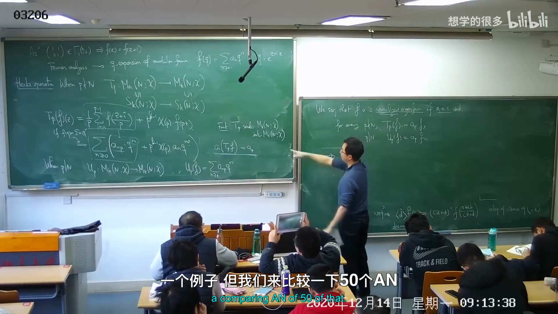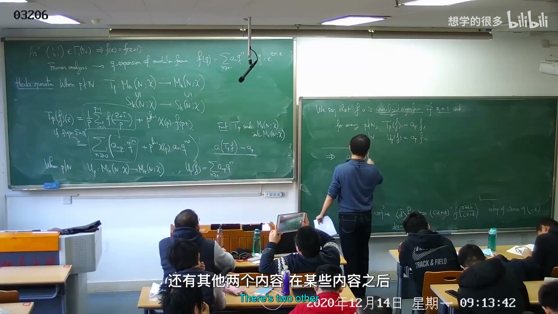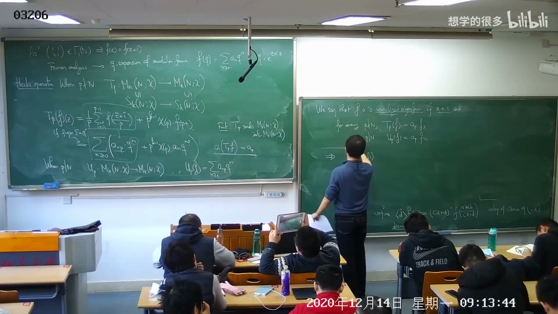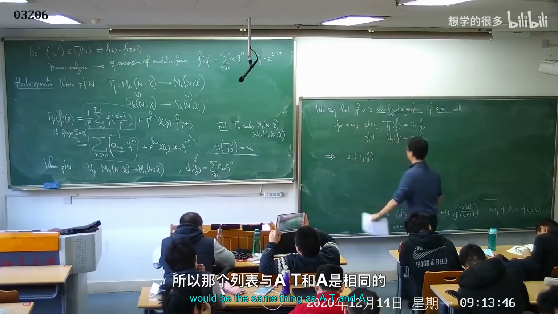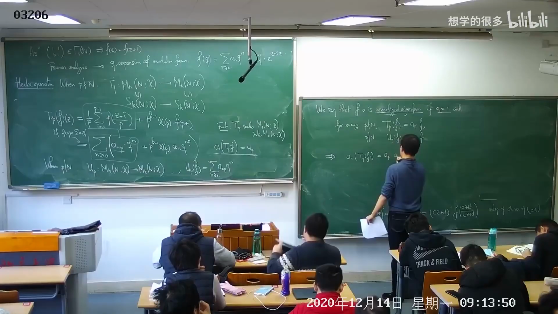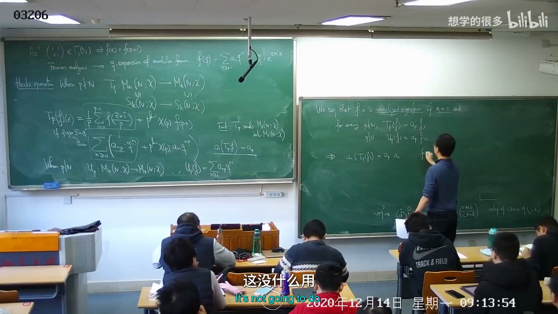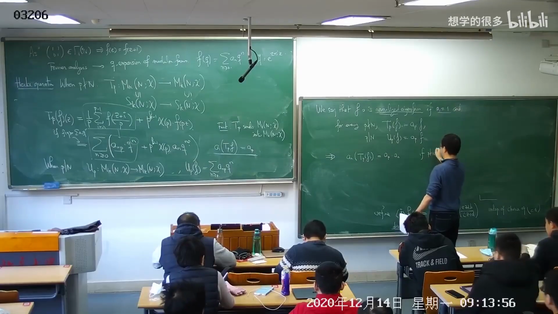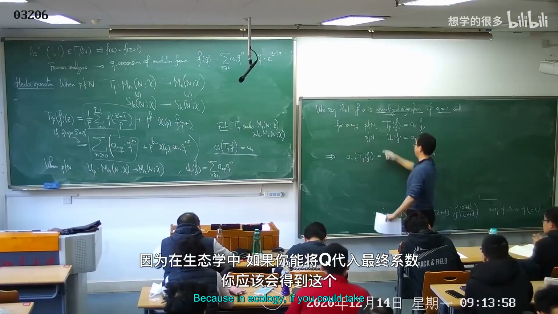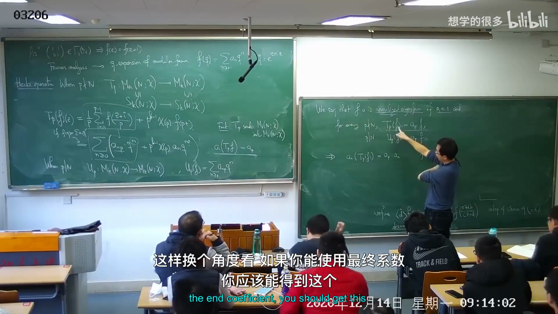So let's do comparing a_n of T_p of f, still under the assumption that f is normalized with a_1 equal to 1. Then this should be the same thing as a_p times a_n, if p does not divide n, because it's an eigenform; if you take the q^n coefficient, you will get this.